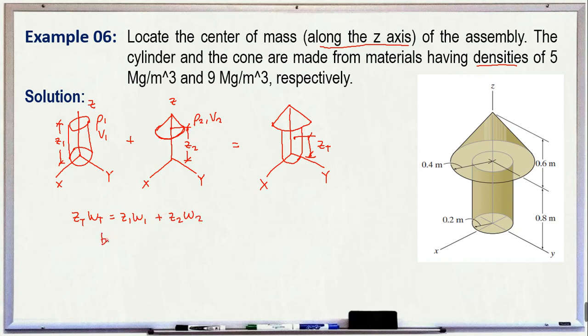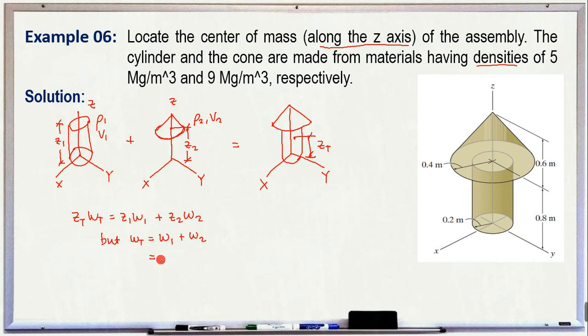But we all know that the total weight of this composite object comprises the weight for the cylinder denoted by W1 plus the weight of the cone. And remember sa inyo physics that the formula for weight is, or mass, no?